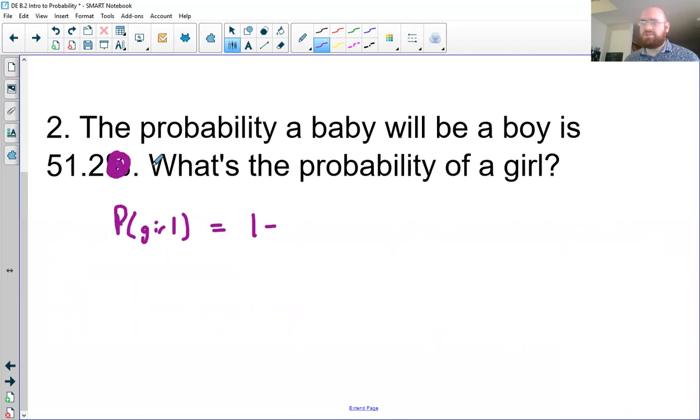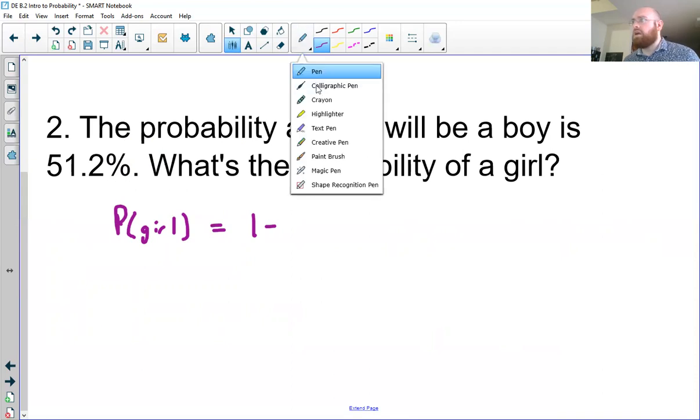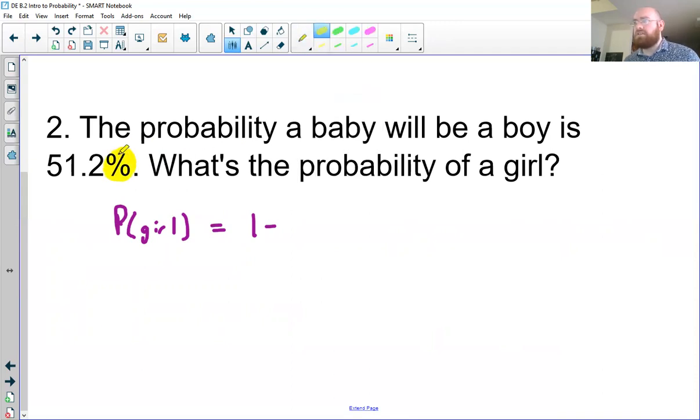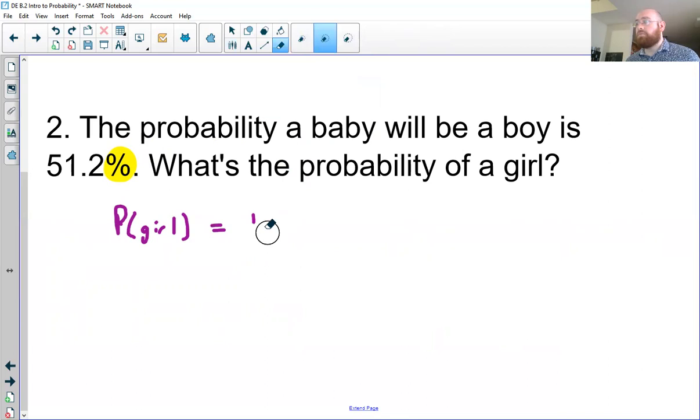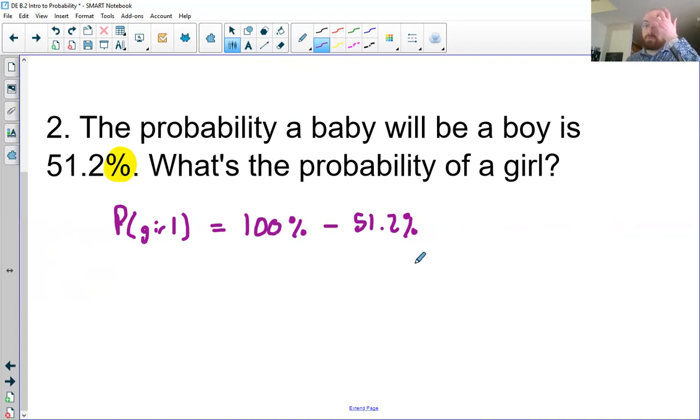Because it's a percent, rather than 1, I need to write it as a percent. So I'm going to have 100% minus 51.2%. And this equals about, I think, 48.8%.